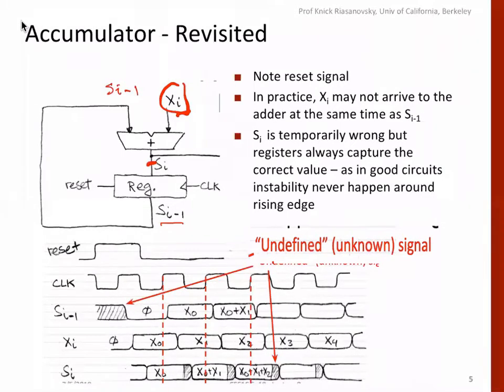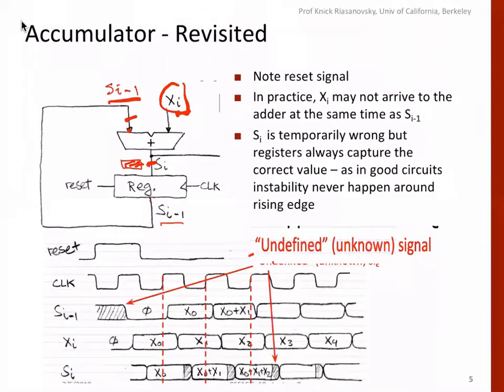There may be a timing mismatch between when Xi is available and when Si minus 1 is available. Let's assume there is a little delay in Si minus 1 appearing here, and Xi is available. The output here will be the addition of the two. This could be 0 or the previous value of Si minus 1, so the signal here may not be stable for some time.